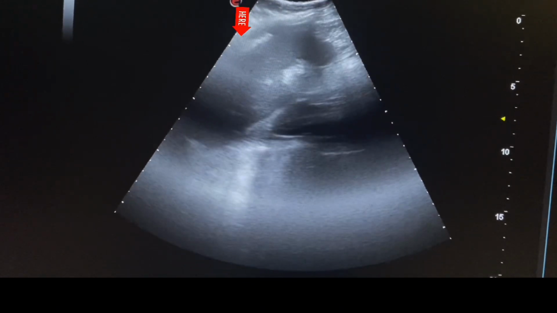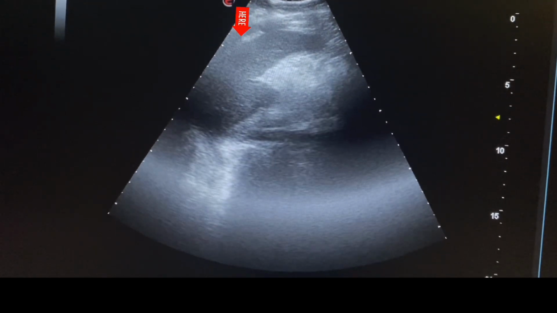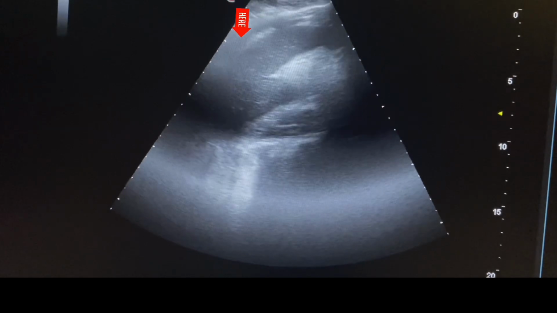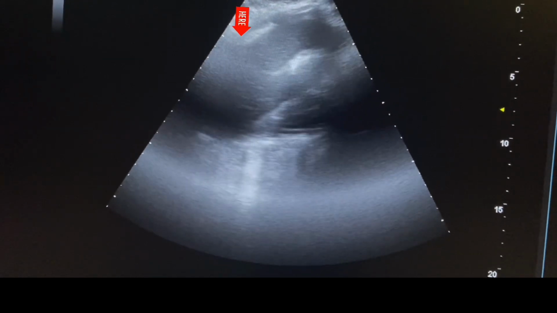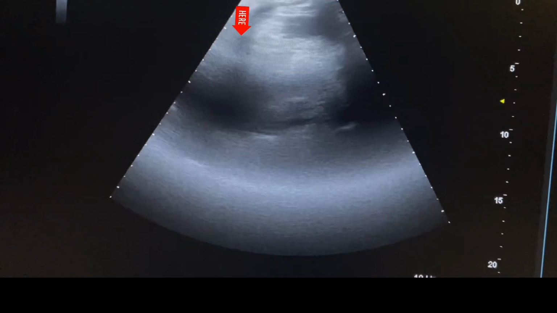Now we scan the spleen. Its inferior part appears to be thickened and appears as a separate lobe enlargement.